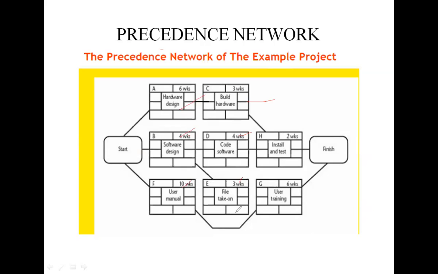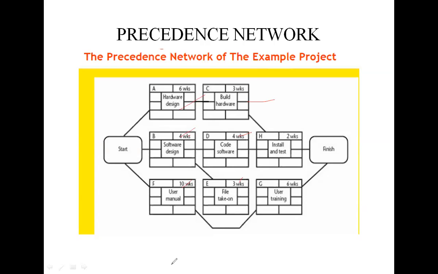So the earliest project completion date is the latter of weeks 11 and 13, that is week 13. So after week 13, the project is completed. We call this the forward pass. It is easy to calculate the earliest date on which an activity may be started and completed.